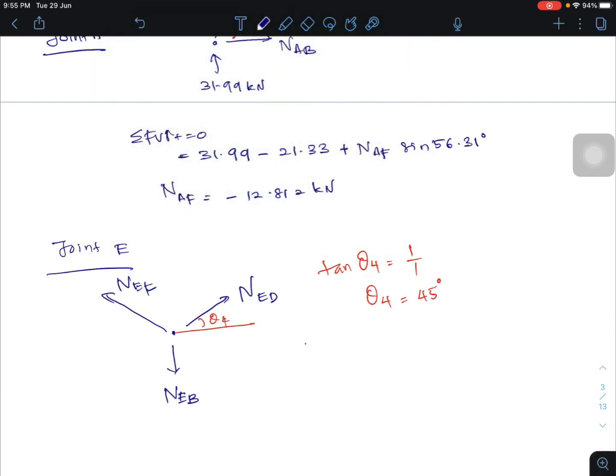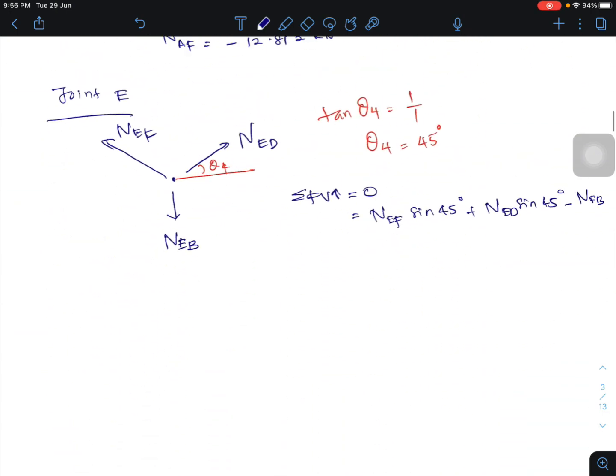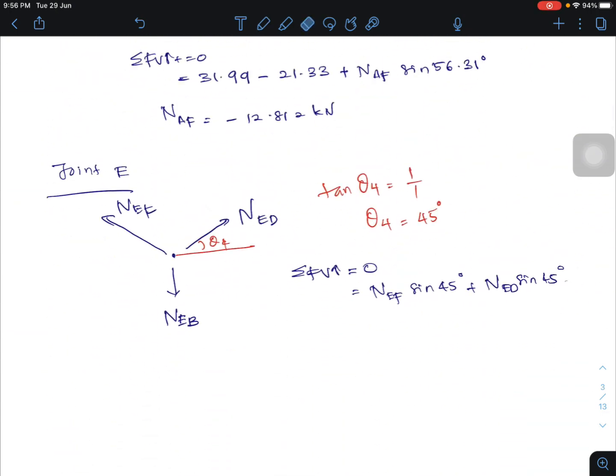So we use force about vertical axis, equal to NEF sine 45 degree plus NED sine 45 degree minus NEB. Sorry, so minus NEB.